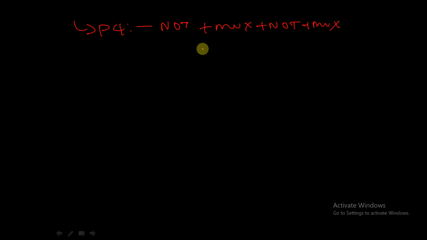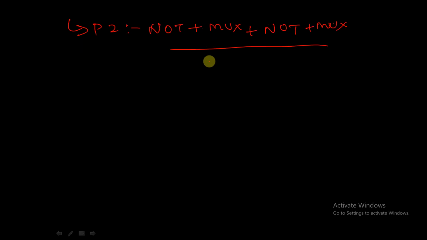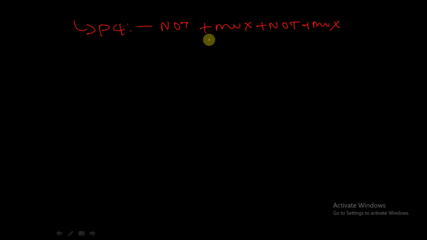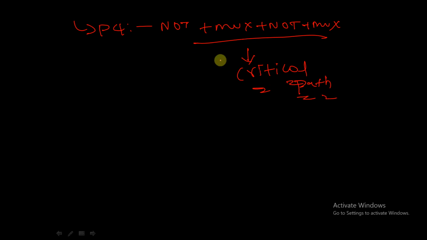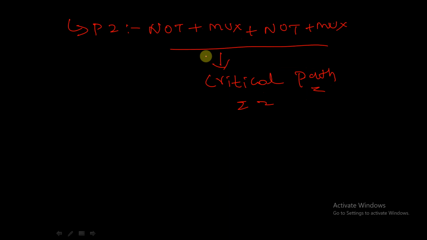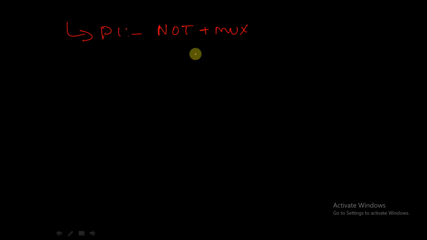So by seeing this, we can wildly guess that path 2 is the critical path. Okay, this one and this one are critical paths. Critical path means longest path, that is, we are expecting that there will be more delay in these particular paths. Is it clear?